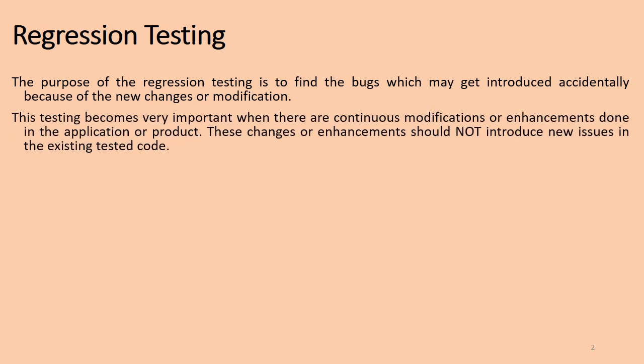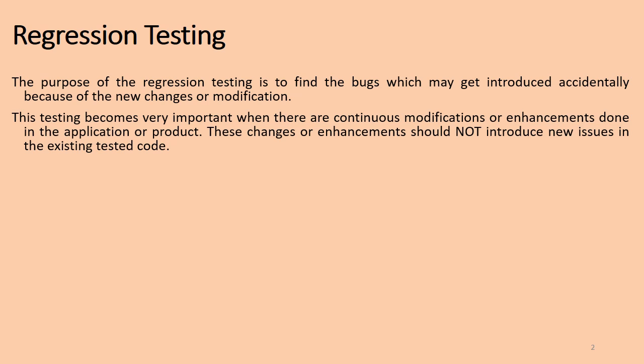This testing is very important, because if you are working on a project where multiple or continuous modifications or enhancements are required, due to the need of the customer or the demand of the technology, these changes or enhancements should not introduce new issues in the existing code.